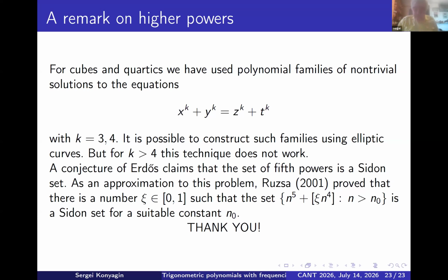Yes, but if you don't take polynomials, actually I can say something. The result that the segment of size square root of capital N is a Sidon set can be proven for a homogeneous class of functions.